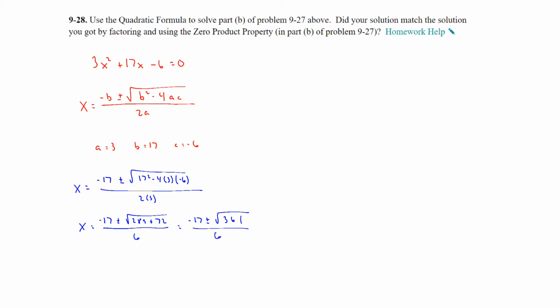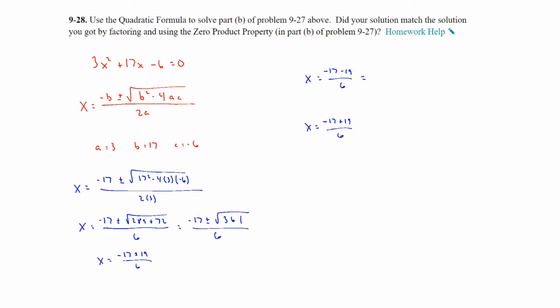divided by 6. And then the square root of 361 is a perfect square, and so the square root of 361 is 19. So we'll have negative 17 plus or minus 19 over 6. And then we can split this into our two equations. One of them is negative 17 minus 19 over 6, and then the other one is negative 17 plus 19 over 6.